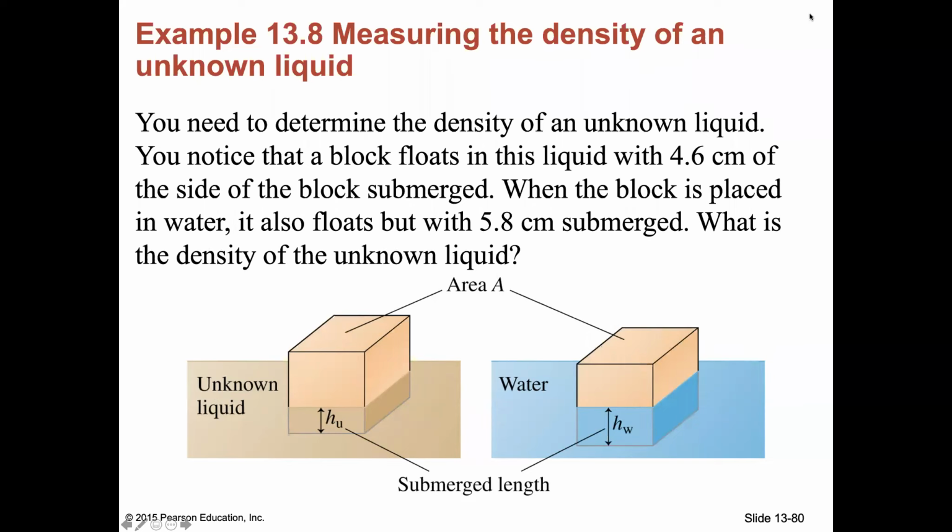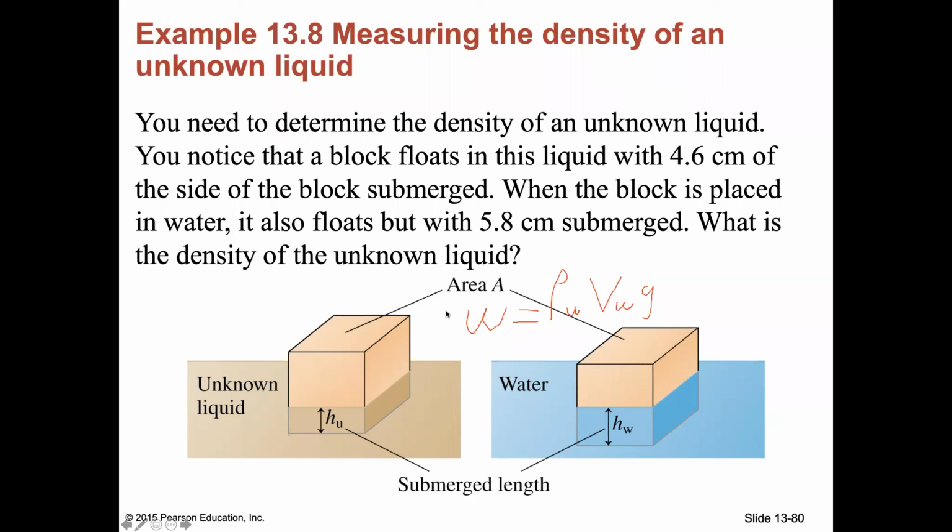If we write it down, the connection is weight. The weight doesn't change. The weight equals the buoyant force in water: rho water, V water, which is the submerged or immersed part in the water, times g.